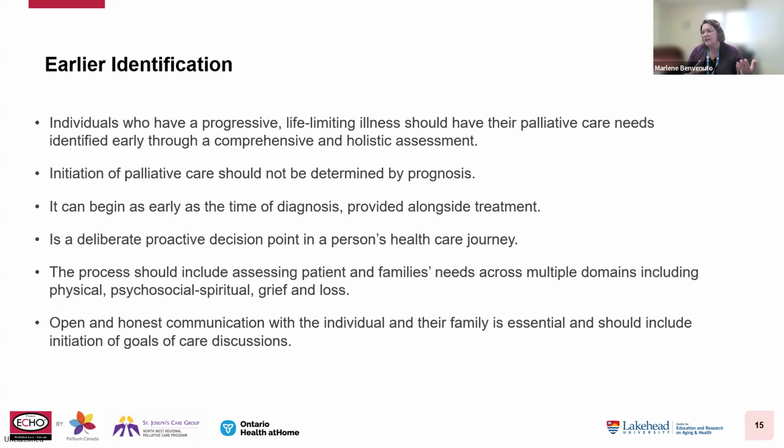So as I indicated in that one diagram of palliative approach to care, early identification can be as early as the time of diagnosis. And as in the diagram I discussed with you, it can be added alongside the treatments. It's a deliberate, proactive, decisive point in a person's healthcare journey, right? And it should include assessing all their needs.